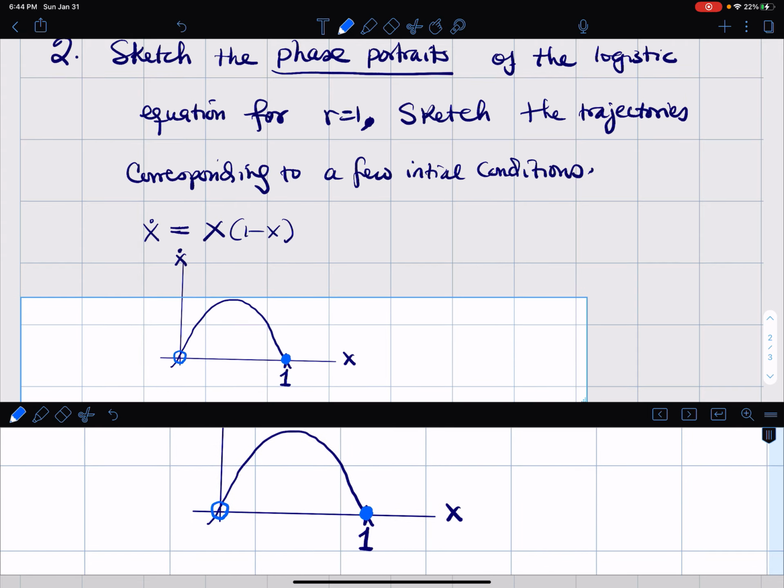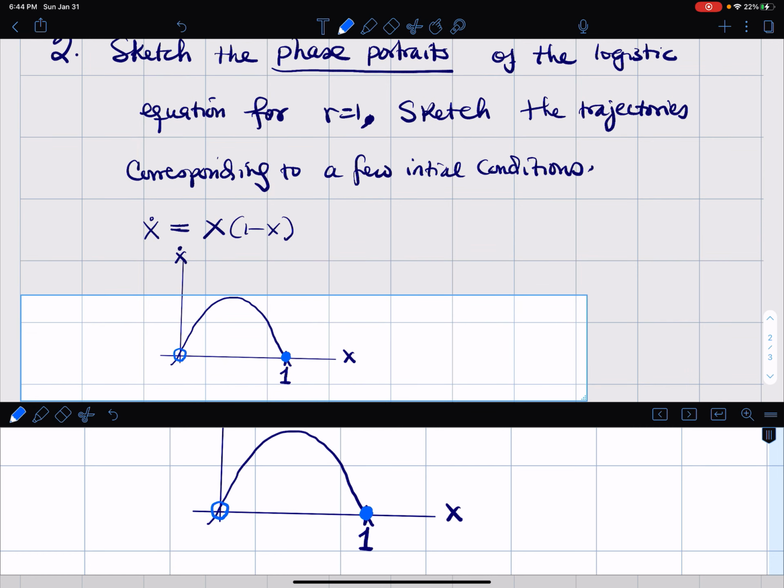All right. So what does that mean? If it is unstable, that means any trajectory that starts here is going to move away from it. And any trajectory that starts over here is going to also move away from it. If you start at 0, you're going to get stuck at 0. And this being stable means that any trajectory that starts away from 1 is going to move towards 1.